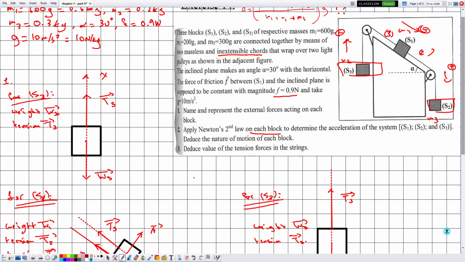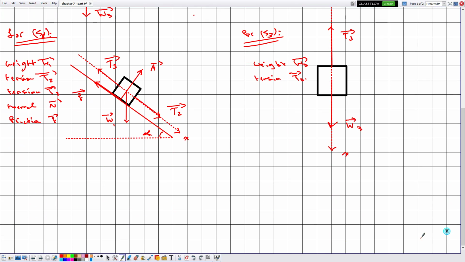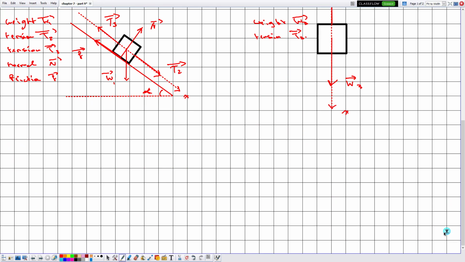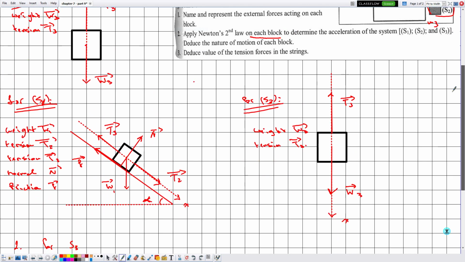Now let's start by applying on the blocks S3 and S2, since they involve the least number of forces. First, let's determine the projection of the forces.